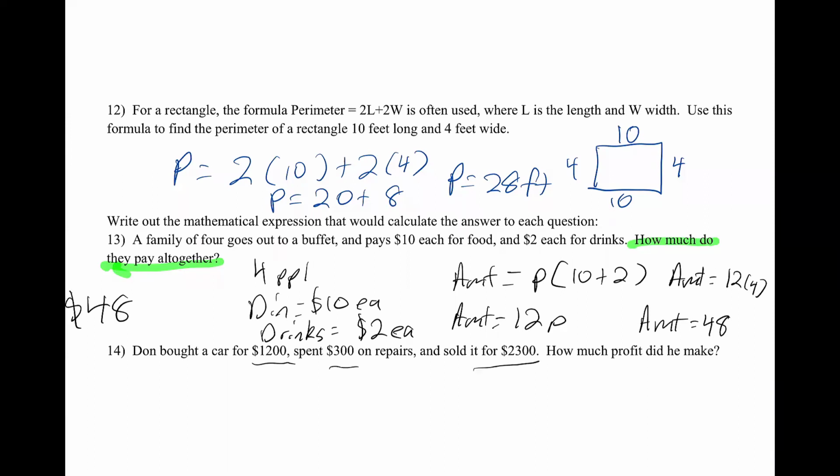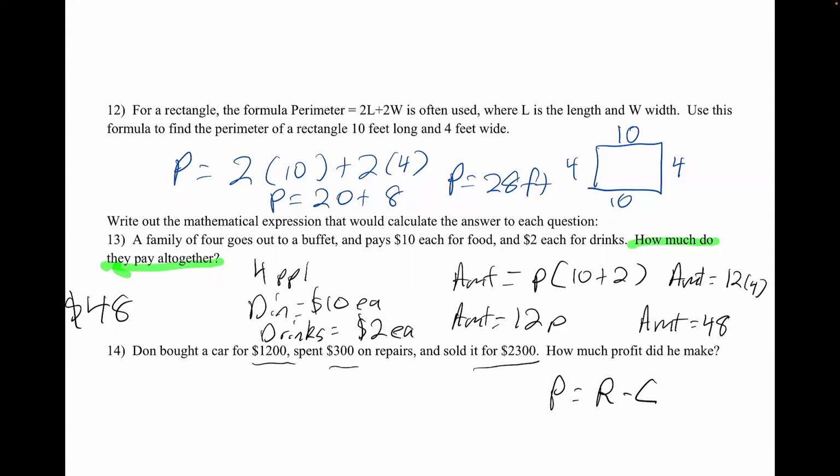300. How much profit did he make? Well, profit is equal to your revenue minus your cost. It is, at the end of the day, how much money can I put in the bank? How much did I make? So if I have a taco cart and I'm selling tacos, I've got to pay for the product on it, but I've also got to pay for that space, things like that.